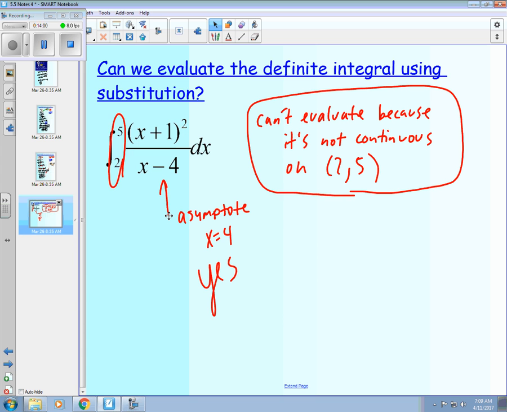We need continuous functions in order to be able to evaluate it and get the correct answer, because we're finding area. If you have something like an asymptote, you're not finding the correct area. So what I want you to do is try out 6 of these problems and see if you can evaluate them with some of the substitution.